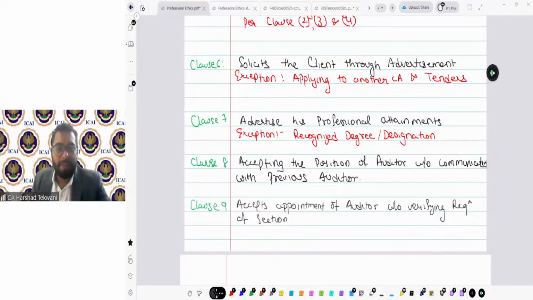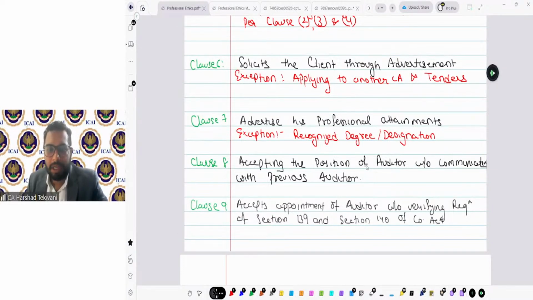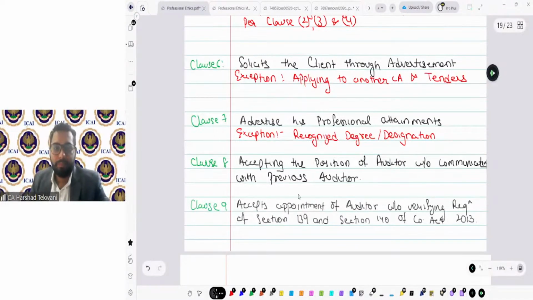In the clause, the section mentioned is 225 of the Companies Act 1956. The old reference is still there, but we will use the new reference, that is section 139 and section 140 of the Companies Act 2013. That is with respect to clause 9.